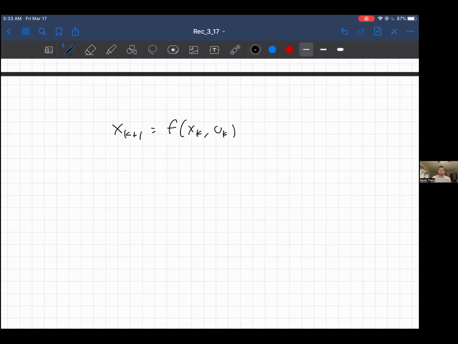So this is my discrete time model. I can linearize this system with a first order Taylor series, and this gives me the following.